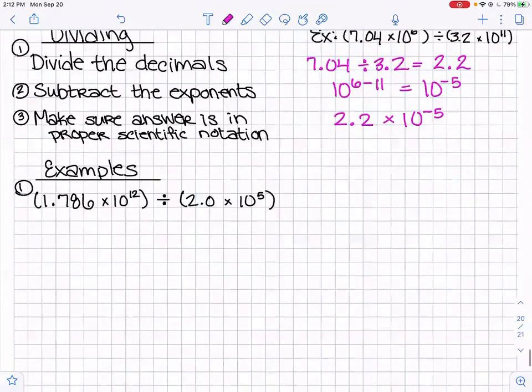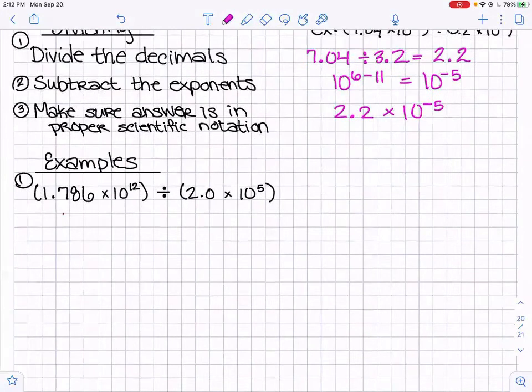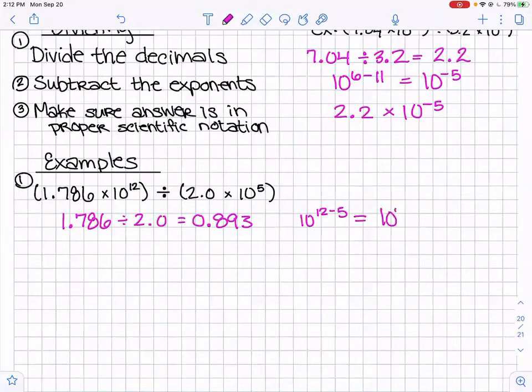You have to divide the numbers. Divide the decimals. 1.786 divided by 2 is what? 0.893. Okay, then what do I need to do? Then you need to subtract the exponents. 10 to the 12th minus 5 is 10 to the 7th.